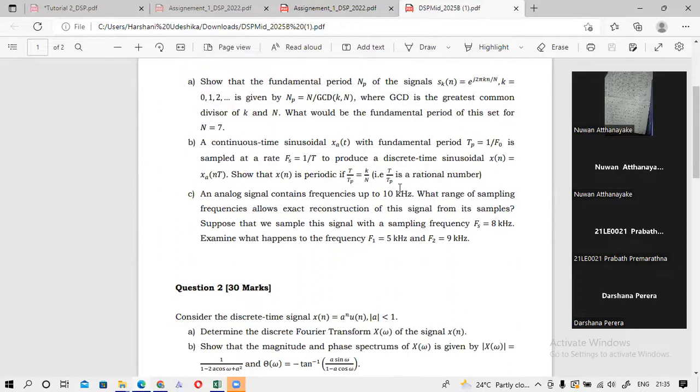I think you can show that very easily. So both time periods should be a rational number. If it is not a rational number, for this ratio we can't get an integer. We will have some decimal value for this ratio, if it is not a rational number. So it will not be periodic. This kind of thing also you can very easily show. And you should know how to perform these things.